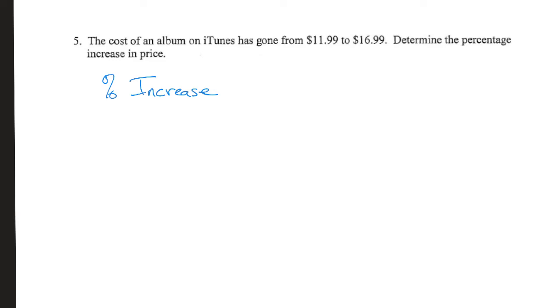We need to look at the increase as a percentage. So everyone should be able to tell me, well, what was the increase? How much did that price go up? $5.